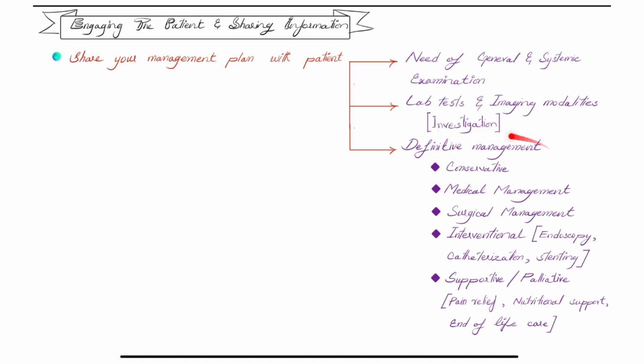For definitive management, you opt for one or multiple of the following: conservative management, medical management, surgical management, interventional management, or supportive or palliative management. At the end of your history taking, everything should be clear for you as well as for your patient, what steps you are going to take in the course of treatment.